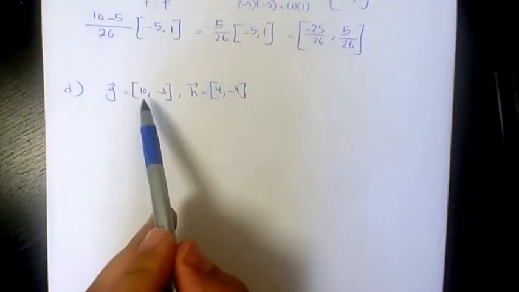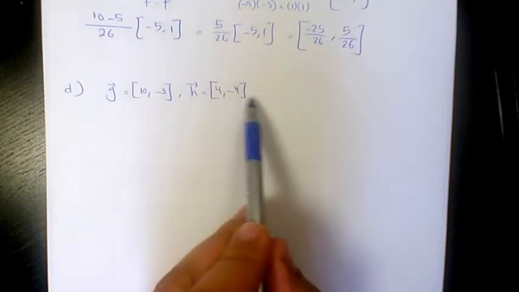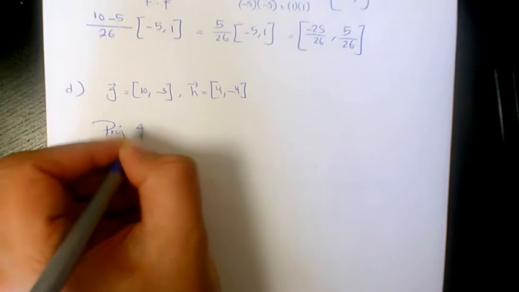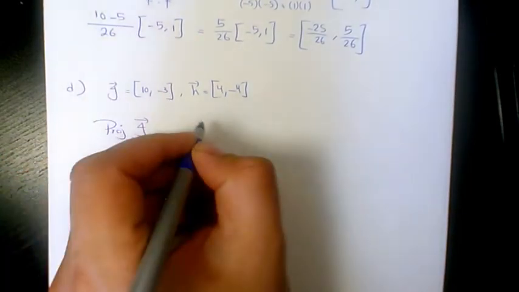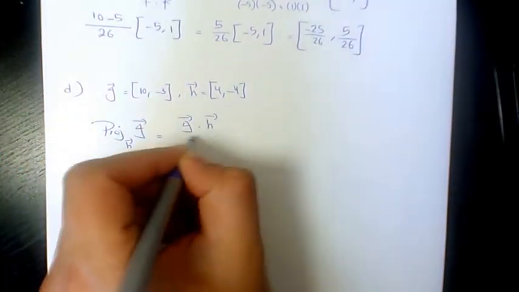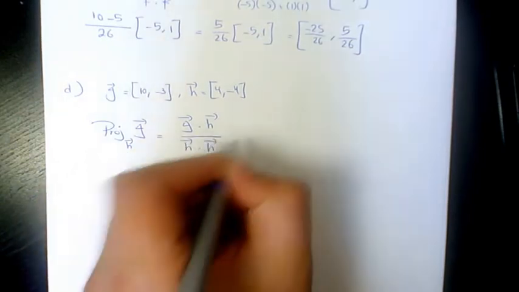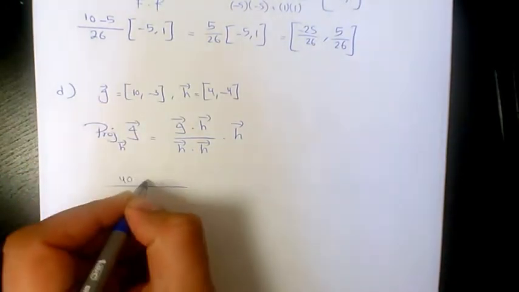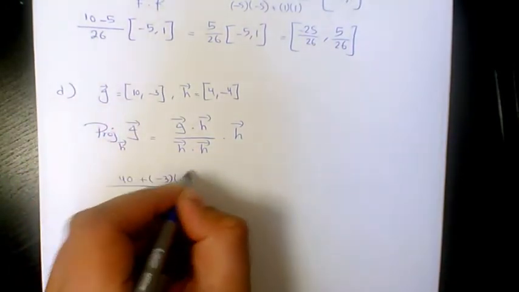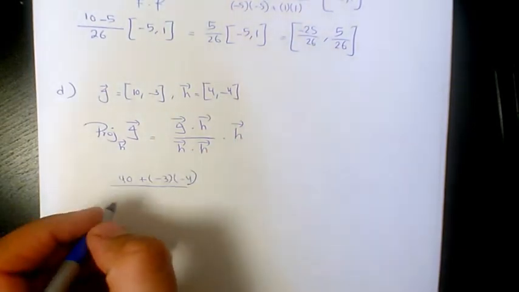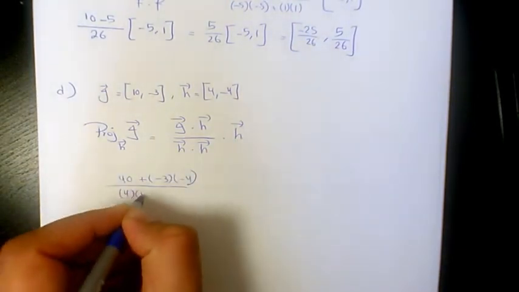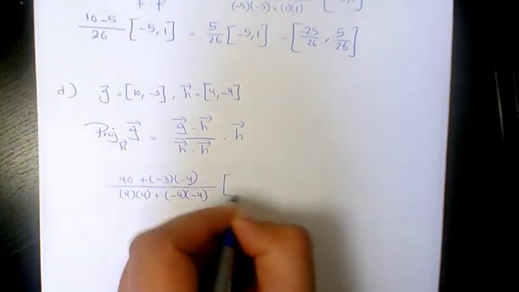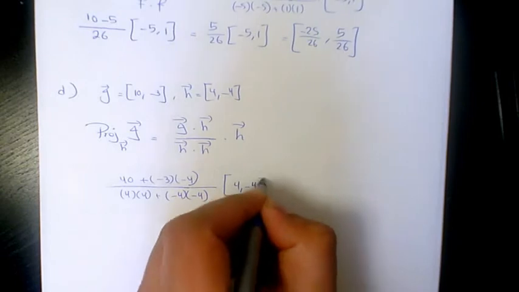Vectors G and H. G is 10 and negative 3, H is 4 and negative 4. The projection of G over H will be the dot product of G and H divided by the dot product of H and H, times H. So that will be 10 times 4, 40, plus negative 3 times negative 4, divided by the dot product of H and H, 4 times 4 plus negative 4 times negative 4, times H, which is 4 and negative 4.